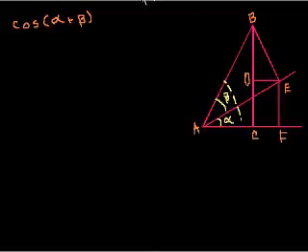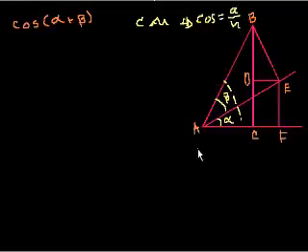SOHCAHTOA. Cosine is adjacent over hypotenuse. So for this large angle, what's the adjacent? It's line AC.